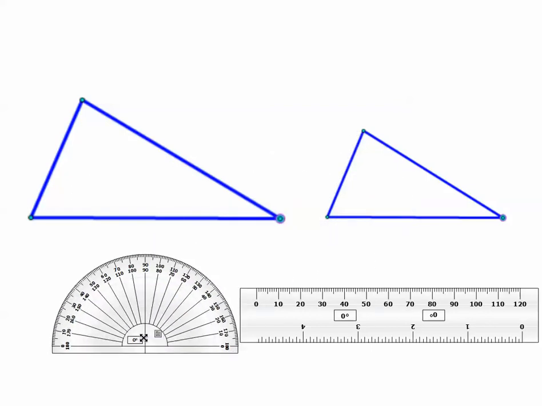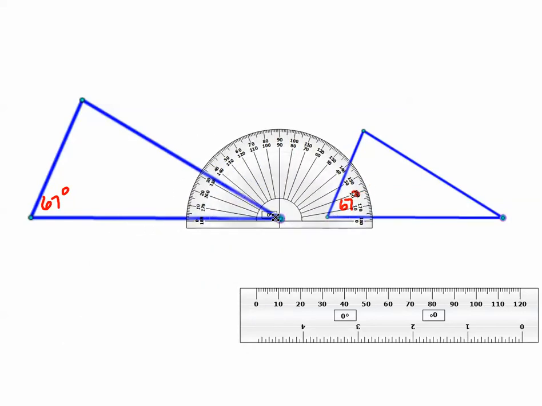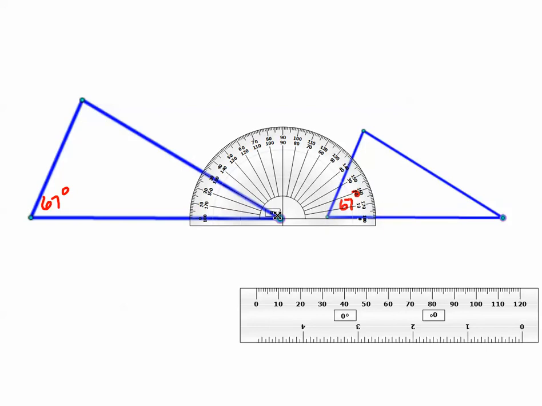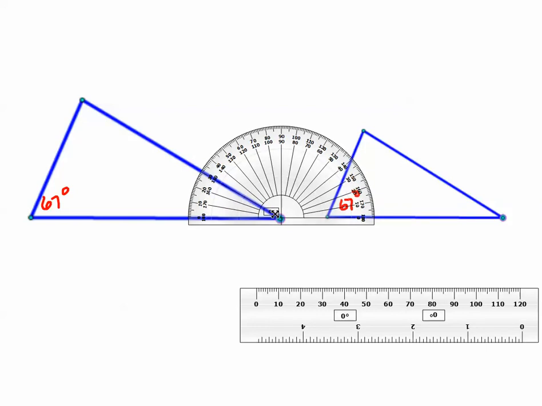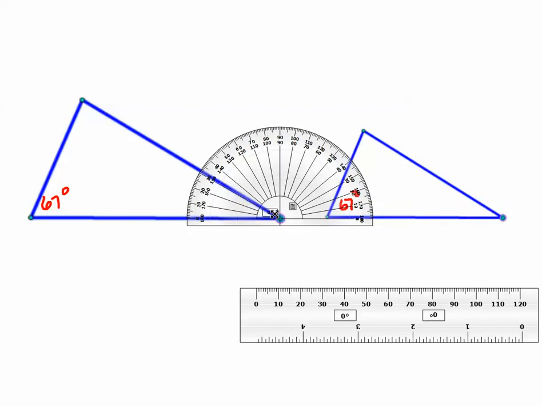So I'm going to write down that we just noticed that these are both 67-degree angles. I'm going to go ahead and take this protractor over to this other angle, and we'll notice that this angle measures approximately 32 degrees.